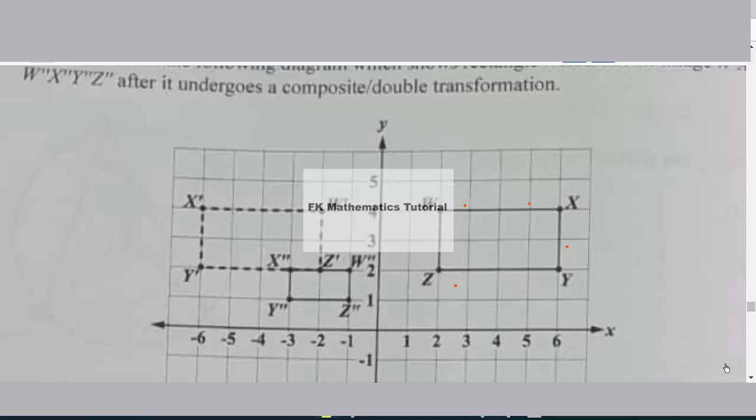You can see X will map onto X double prime, Y onto Y double prime, W onto W double prime, Z onto Z double prime. So you can see that half of this length here, 1, 2, 3, 4, will give us 1, 2. Then half of this will give us 1. And that is true. So option 2 is correct.